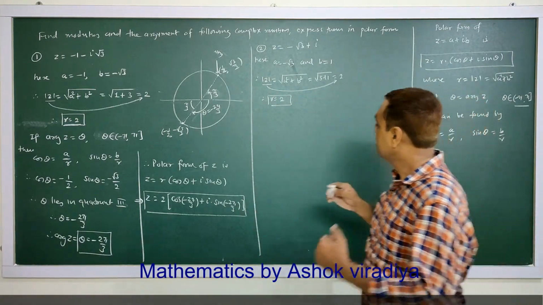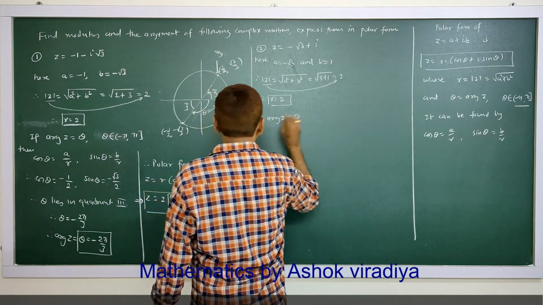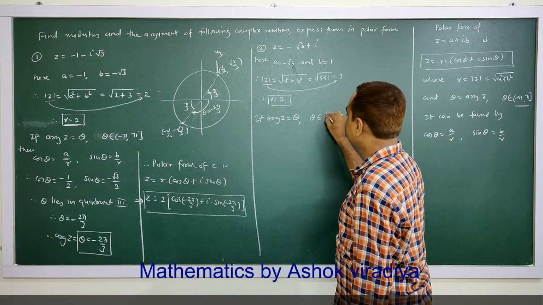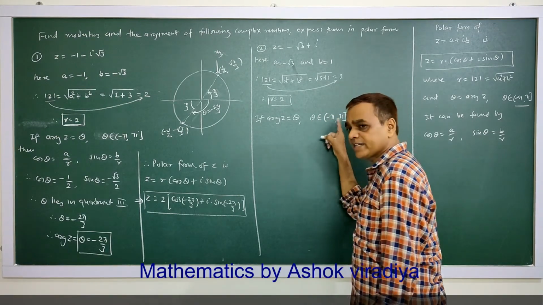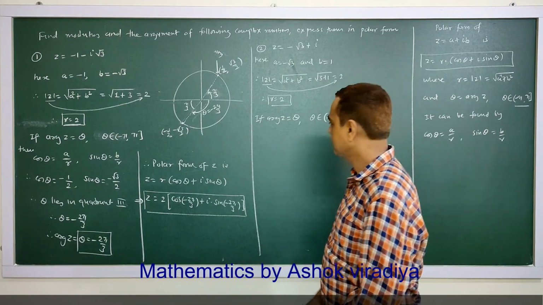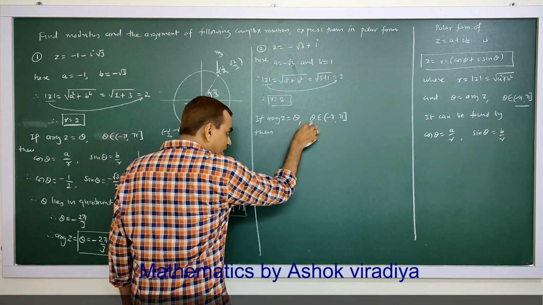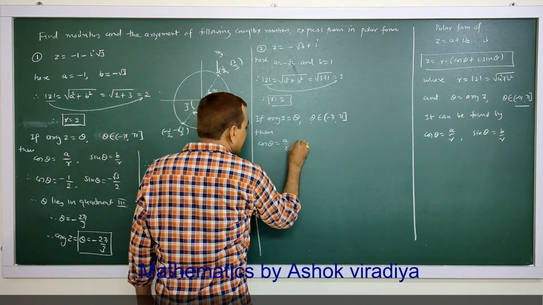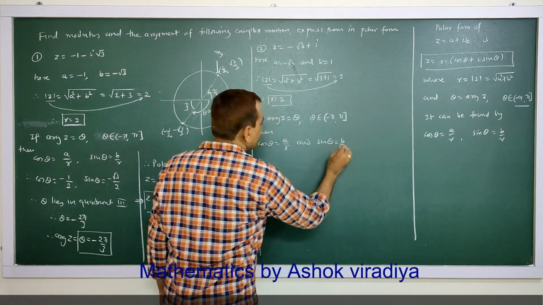So r is 2. Now, if the argument of z is theta, then theta should be in this interval, open minus pi to pi. Then this theta can be obtained by cos theta is a by r and sin theta is b by r.